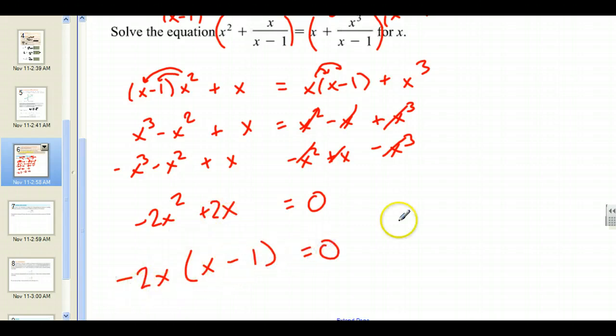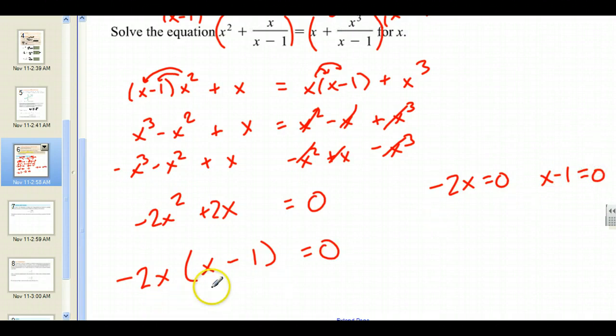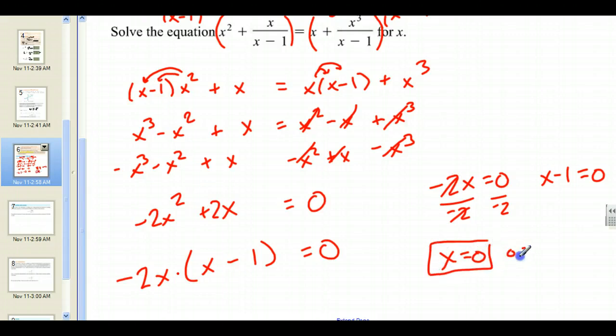Now set each one equal to 0. So I got negative 2x is equal to 0, or I've got x minus 1 is equal to 0. Those are the two things that are being multiplied to give me 0, so I set each piece equal to 0. Alright, this one, if it's equal to 0, then obviously x is just 0. Or, if this one were equal to 0, add 1 to both sides, we get x is equal to 1.